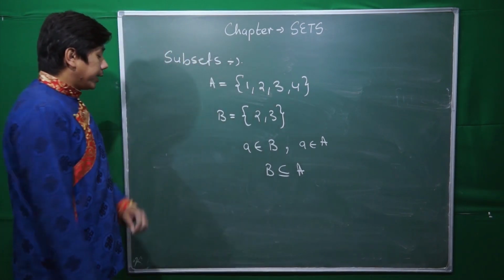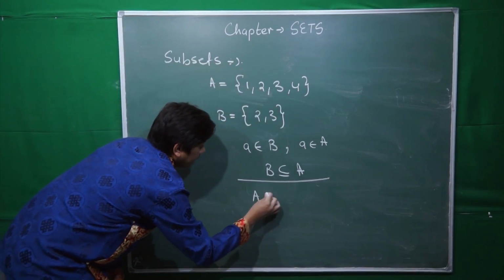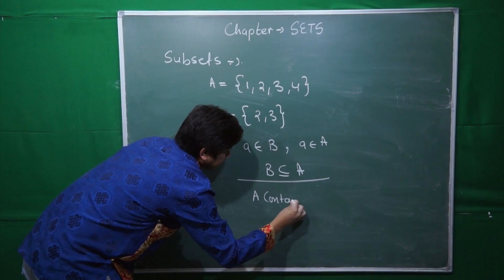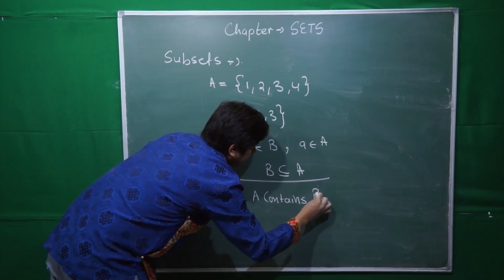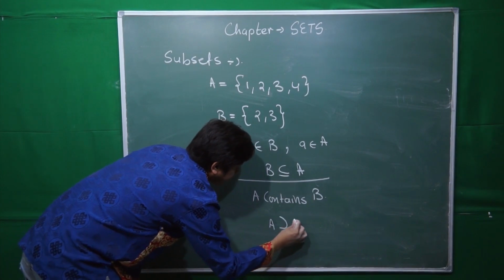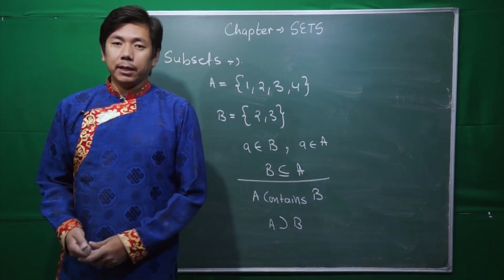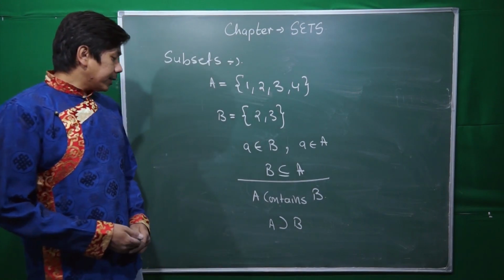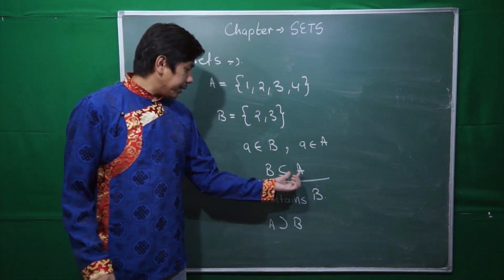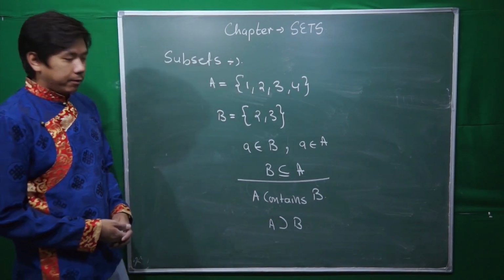Or we can write that A contains B, and A is the superset of B. So in this way, we can write it as B is a subset of A or A is a superset of B.